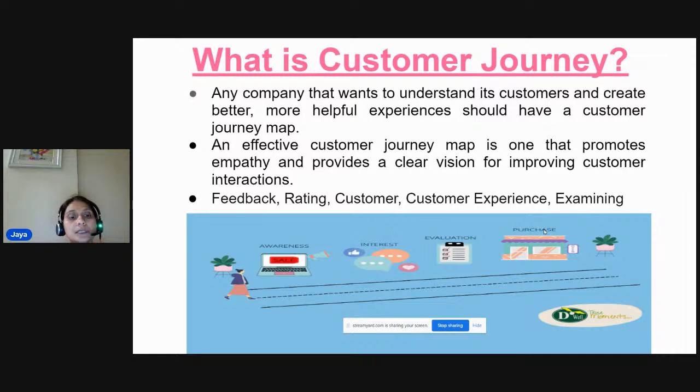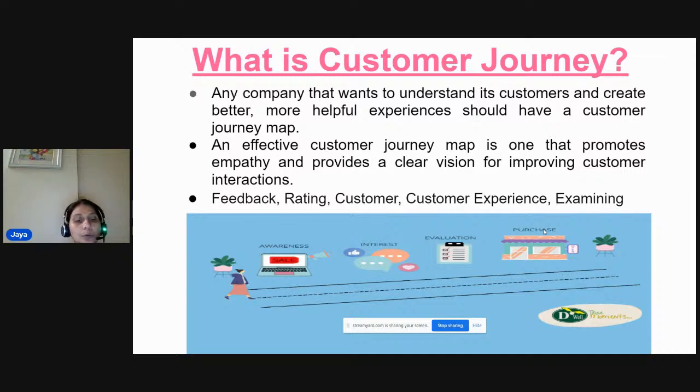In plain words, it is an interaction roadmap that goes from brand discovery to purchase, and it goes beyond that. That's why the customer journey is a really interactive thing when we are talking about customers.